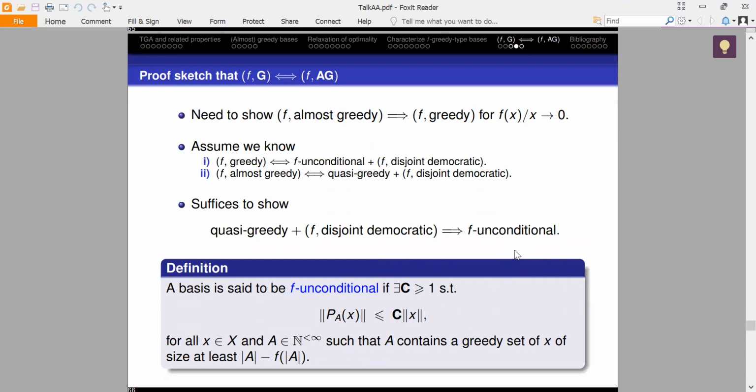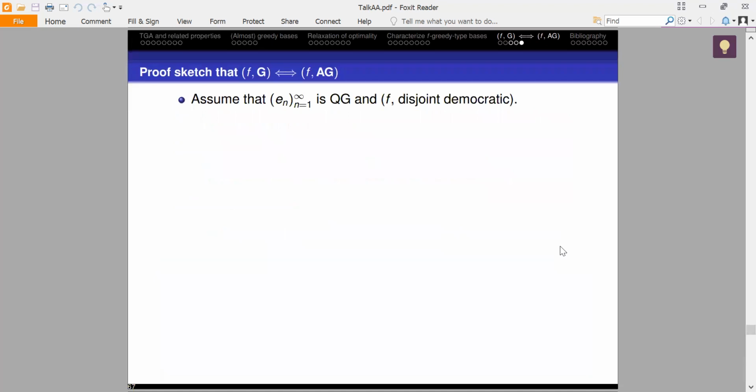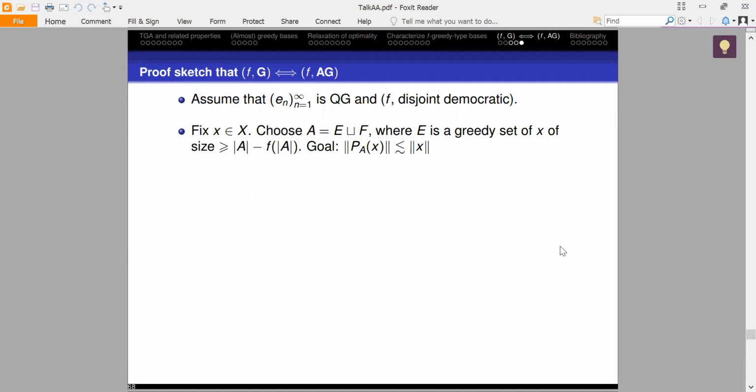So how do we prove this implication? Well, assume that our basis is quasi-greedy and F-disjoint democratic. We fix any x, and we choose the set A that can be written as a disjoint union of E and F, where E is the greedy set of x of size at least this, right? This is our goal.